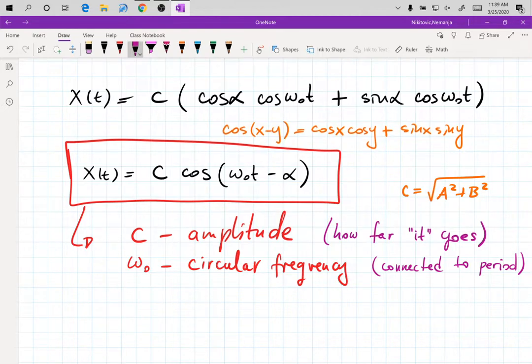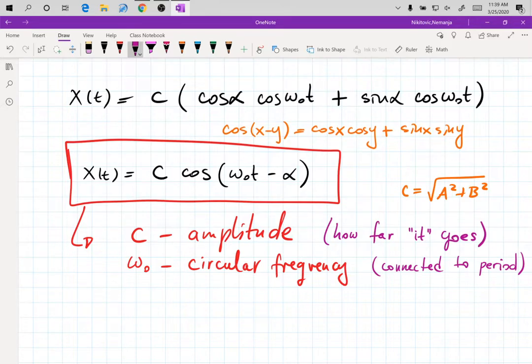The higher the frequency, the smaller the period. If you eat more frequently, the time between meals is less. If you eat less frequently, the time between two meals is more.